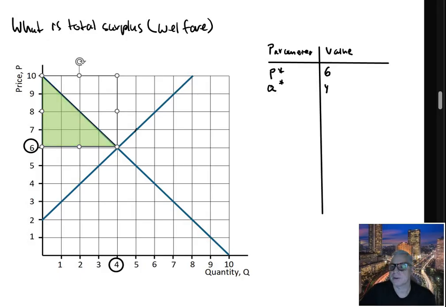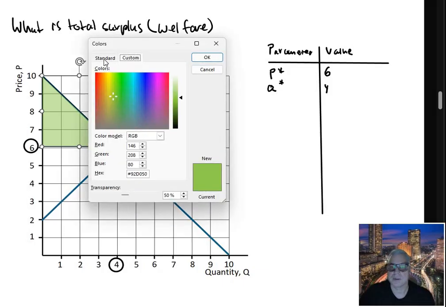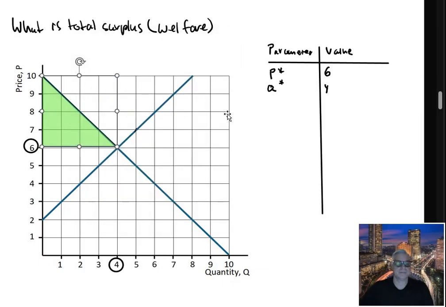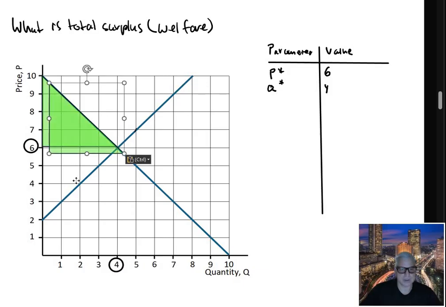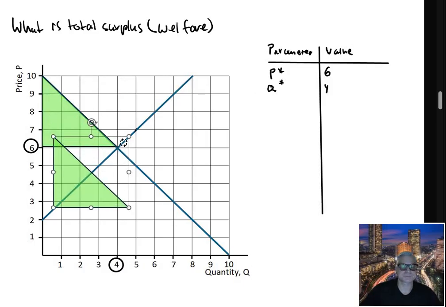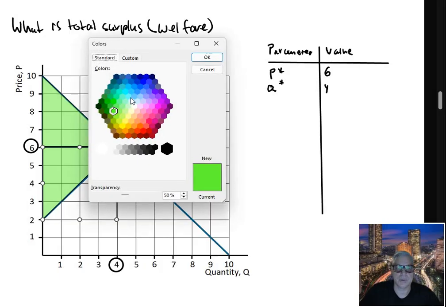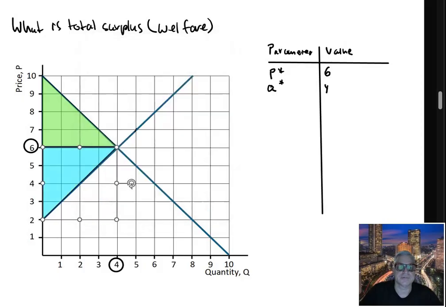Maybe a different color. And we had the producer surplus, which was this triangle, and we gave that the color blue.